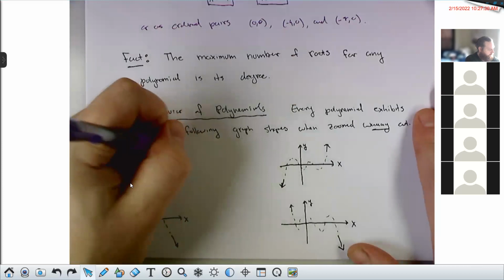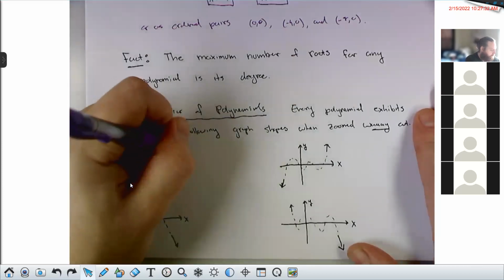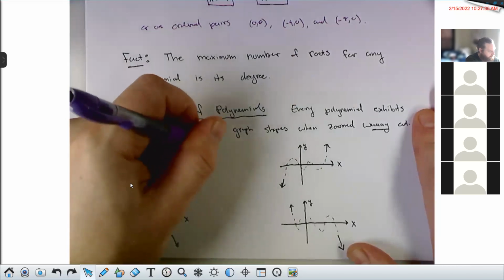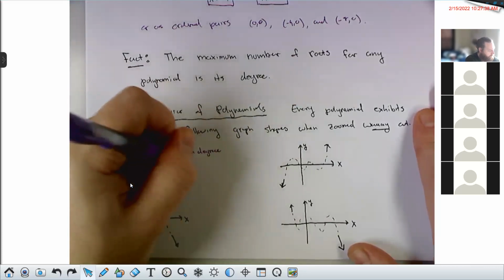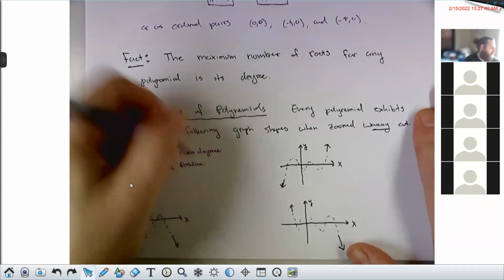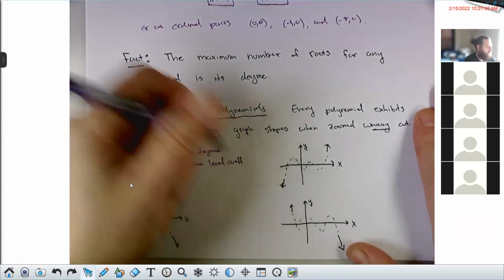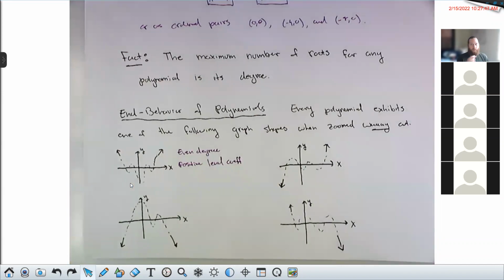So this end behavior here comes from an even degree and a positive lead coefficient. Up on both sides, think like x squared, right?